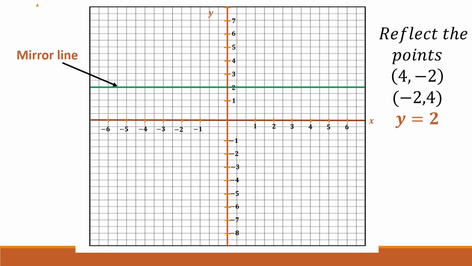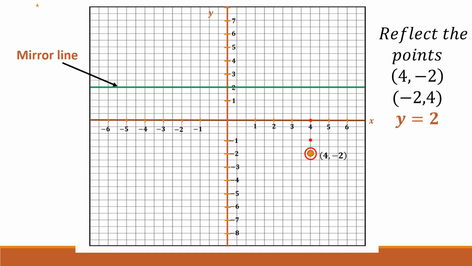And we quickly move to the points given to us. The first point is 4 on the x-axis and negative 2 on the y-axis. If I want to reflect this point on the line y equals 2, I'm going to move the point towards the mirror line, according to the scale I have on the graph sheet.